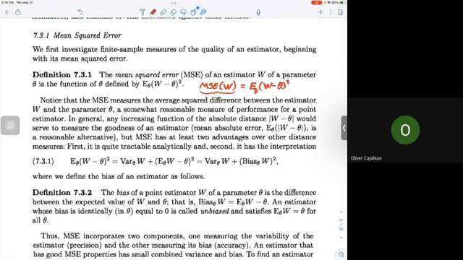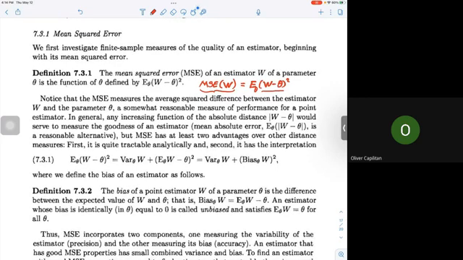So itong square difference of W minus theta is actually a distance measure. Square. So kung kukunin mo yung average of all these distances or the square of this difference, W minus theta, that's actually the mean square error of that estimator.